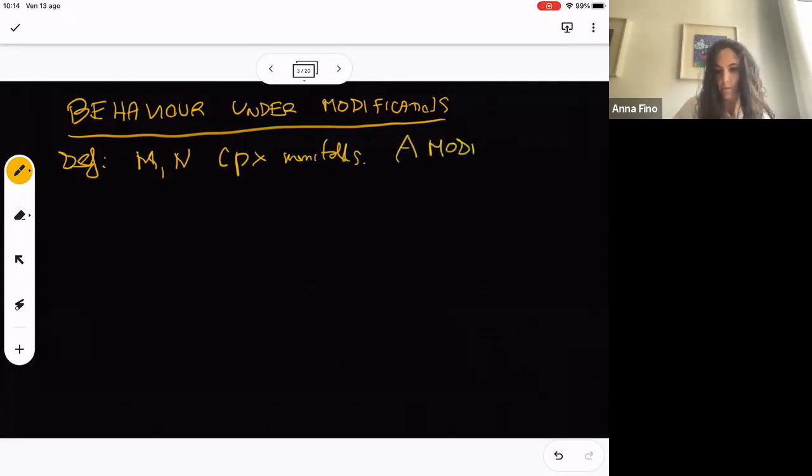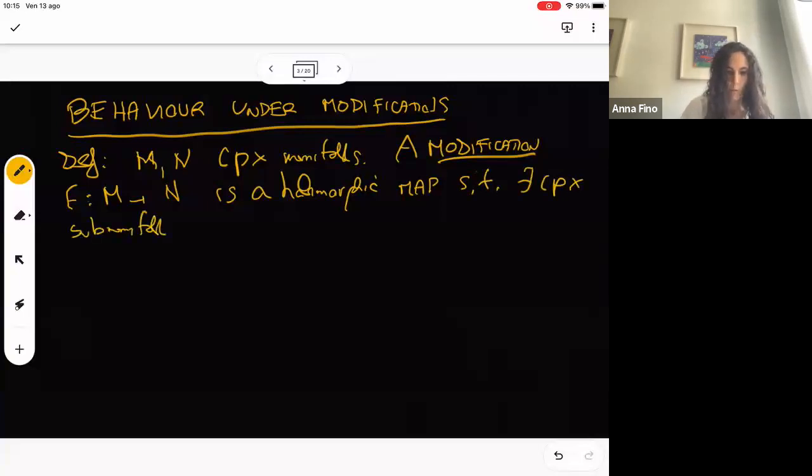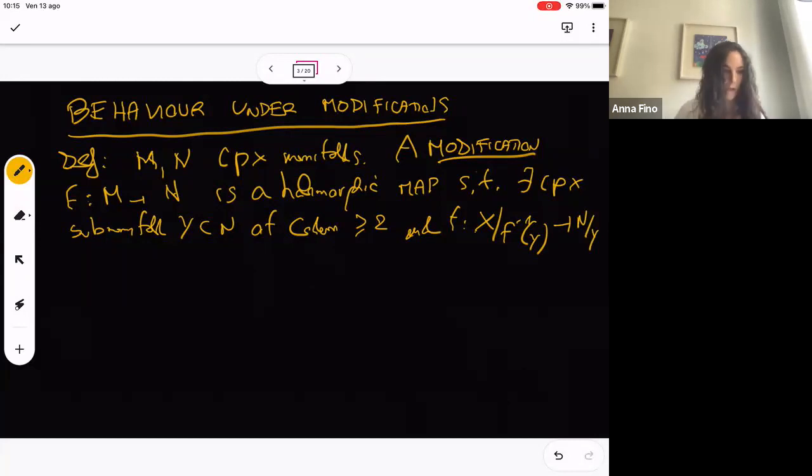A modification between the two complex manifolds is a holomorphic map F from M to N such that there exists a complex submanifold Y in N, of codimension bigger than or equal to 2, and outside Y, we have a biholomorphism: F from M minus the preimage of Y to N minus Y is a biholomorphism.